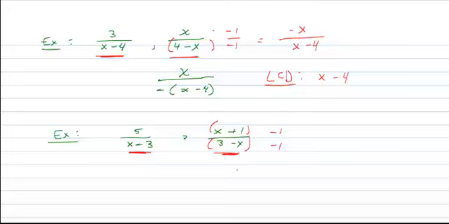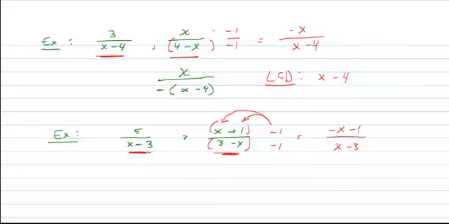Be very careful. So what do I wind up with? I wind up with negative x minus 1 over positive x, negative 3. Make certain when you have more than one term that you totally distribute the negative.